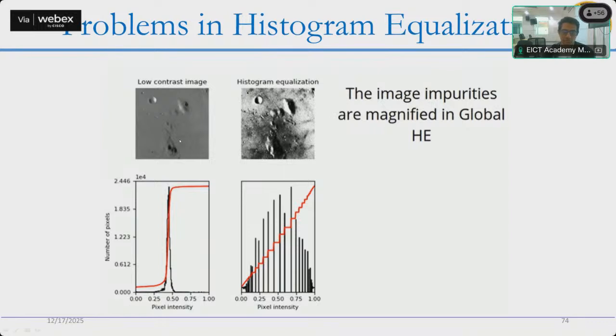For example, take another example, which is basically an image sent possibly from space, from the moon actually, right? Some moon surface is there. So how does it look basically? Remember, if you do the histogram equalization, the resultant image is this one.